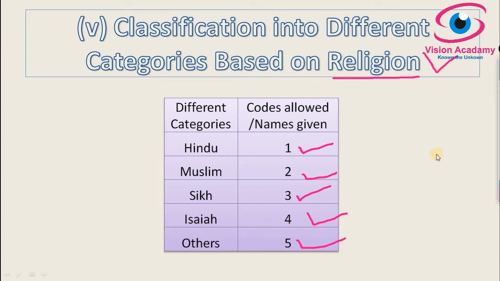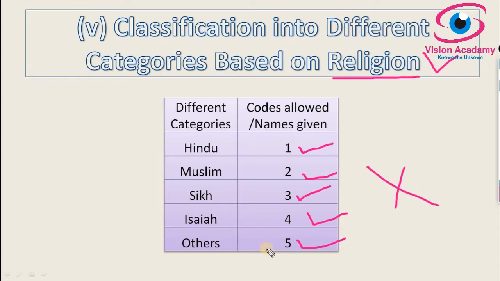Very importantly, what you want to keep in your mind is that in the nominal scale we have just coded the objects. You cannot say by this sign that Hindu is lesser than Muslim, or Muslim is greater than Hindu. It does not make any sense in the nominal scale. Here we have coded Hindu as 1, Muslim as 2, Sikh as 3, Christian as 4 and others as 5.